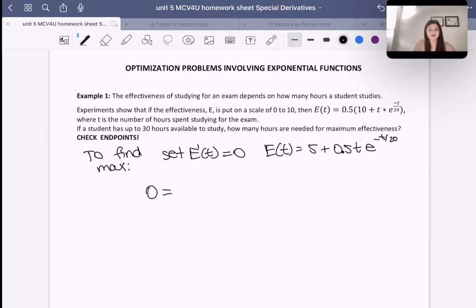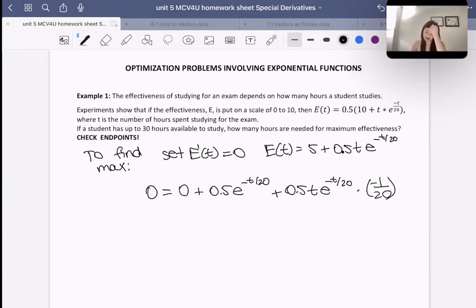well, the 5 just becomes 0, so 0 plus 0.5 e to the negative t over 20, right? Plus 0.5t e to the negative t over 20 times negative 1/20th, right? Because again, we've got to make sure we take the derivative, okay?